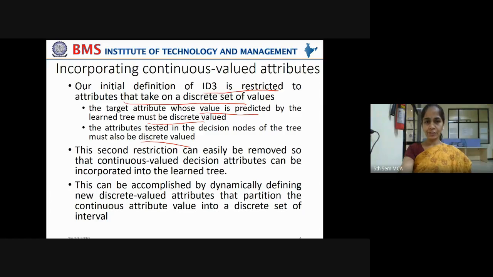This second restriction can easily be removed so that continuous valued decision attributes can be incorporated into the learned tree. How can we do that? By just saying: lesser than a specific value, branch onto the left hand side; if greater than a specific value, branch onto the right hand side, right?